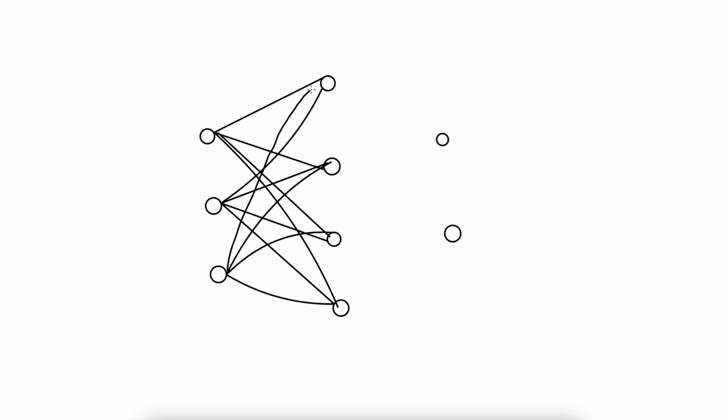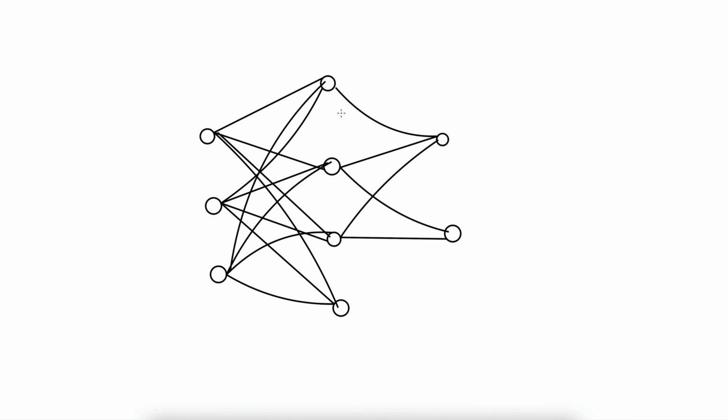Let us connect the hidden layer neurons to the output layer neurons. Now this is how it's going to look. This takes in 3 inputs.